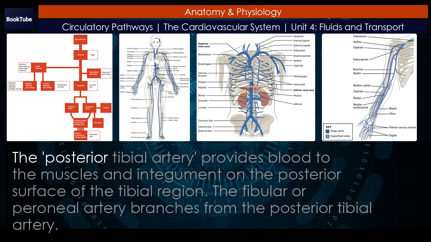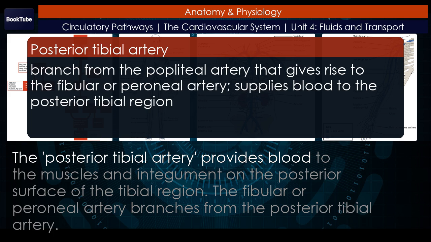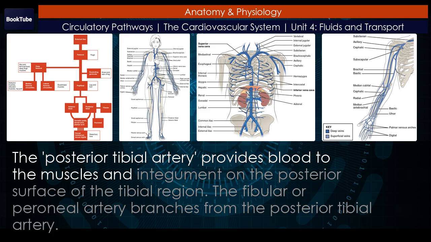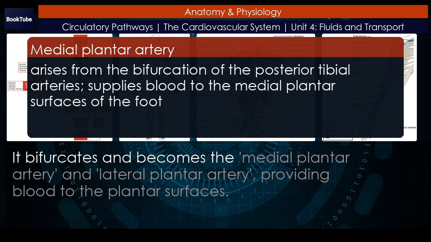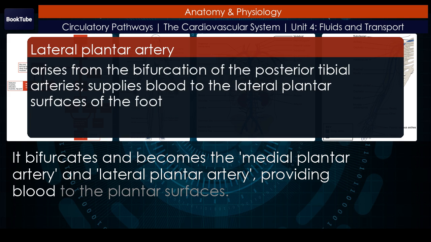The posterior tibial artery provides blood to the muscles and integument on the posterior surface of the tibial region. The fibular or peroneal artery branches from the posterior tibial artery. It bifurcates and becomes the medial plantar artery and lateral plantar artery, providing blood to the plantar surfaces.